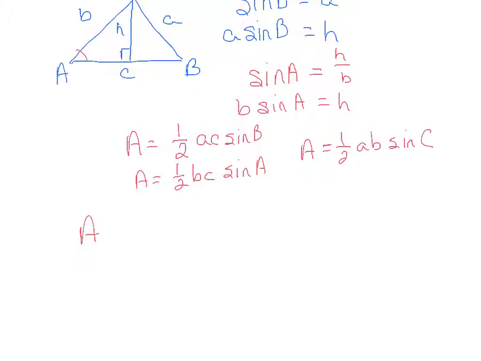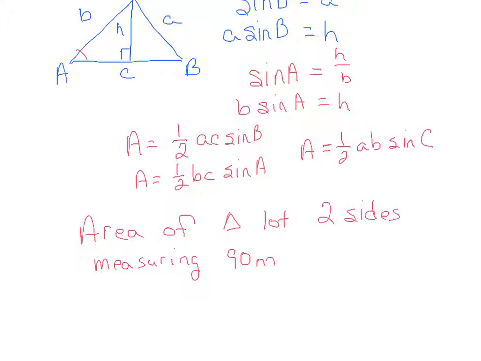So let's say that we wanted to find the area of a triangular lot with two sides measuring 90 meters and 52 meters, and an included angle of 102 degrees.